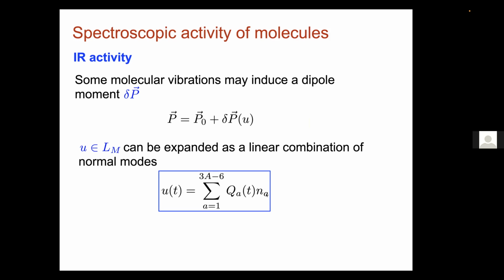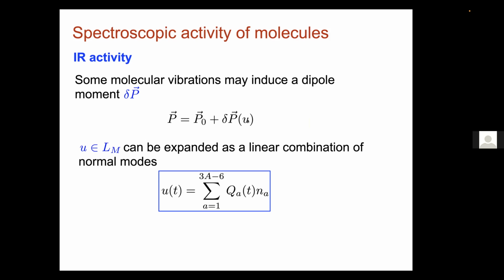You know that any Hermitian operator, when you diagonalize, you obtain a basis for the space. Now, the potential energy is Hermitian. Actually, it's not only Hermitian, it's symmetric because it's real. So the normal modes are a basis, okay, in the space of vibration.